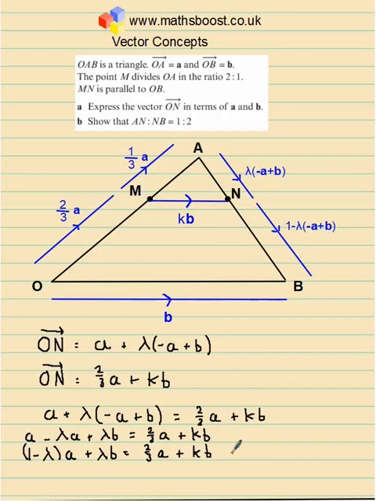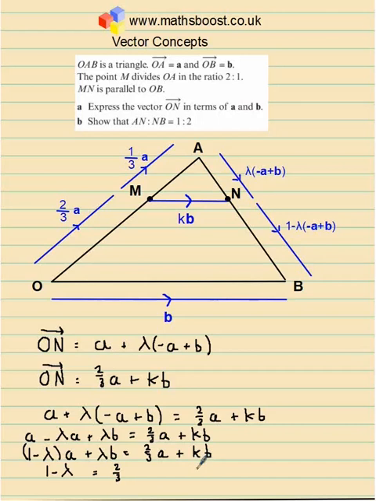Now this brings us to the final important concept. We can compare just the A vectors to each other and just the B vectors to each other. So if we look at A, we have 1 minus lambda A is equal to 2/3 A, and we can solve for lambda.